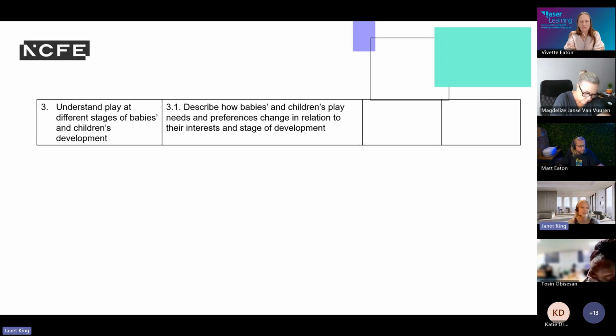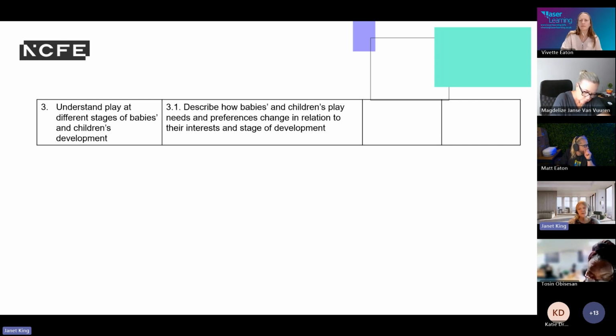Is this experience going to be something that extends their play, or is it going to be too challenging and so they'll lose interest very quickly, or is it going to be more repetition and we need to move on and extend their learning and scaffold their learning so that we're bringing in new experiences as well?